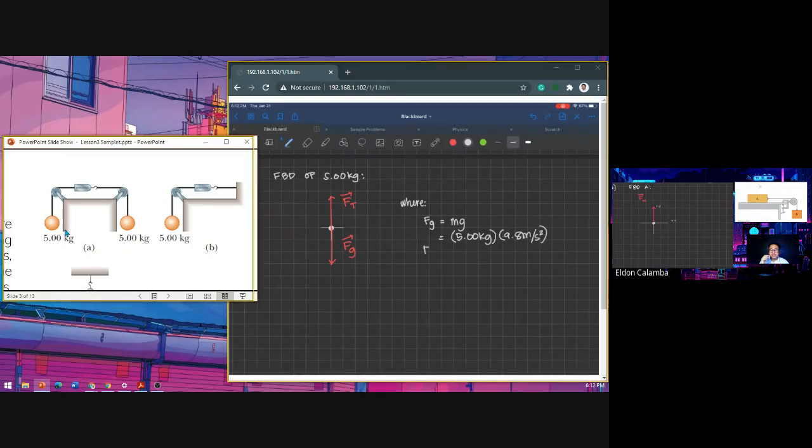So this is equal to 49 newtons. Ayan. By the way, 1 newton is equivalent to 1 kilogram times meters per second squared. So if meron kang nakitang kilogram meters per second squared, it is in newton, especially if forces. Okay? So you have 49 newtons for this one.